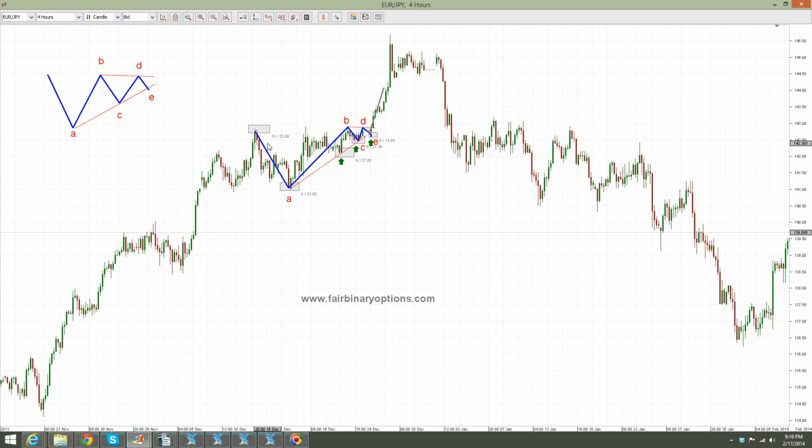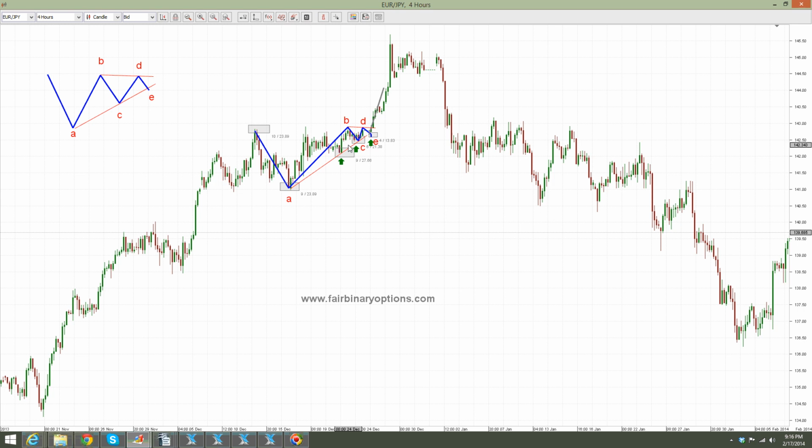Well, it is important in choosing the expiration date, because you already know by the moment of time you have A, B, C, so you see this series of higher lows. You should already be aware that an ascending triangle is about to break higher, and you can choose your expiration date.